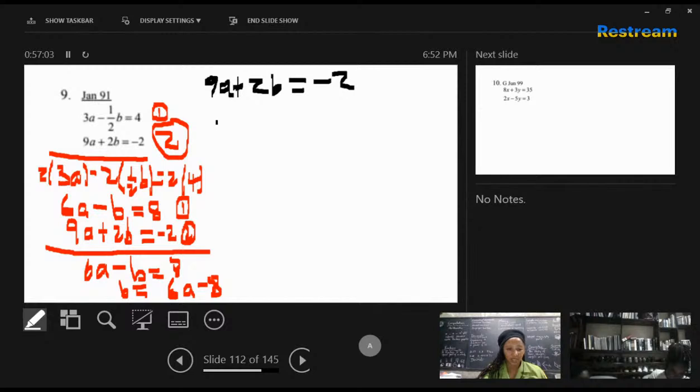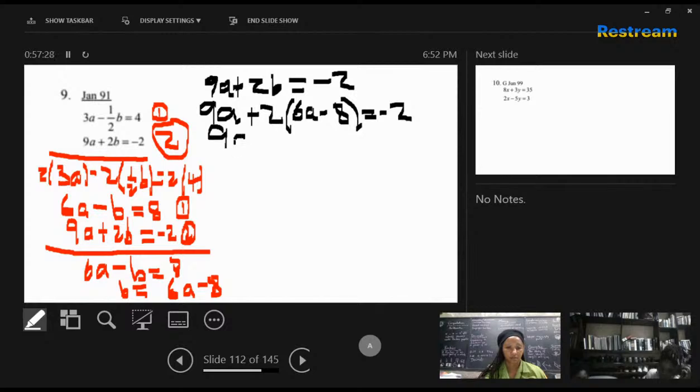So we're going to plug in 6a minus 8 here, right? So 9a plus 2 times 6a minus 8 equals negative 2. So 9a plus 12a minus 16 equals negative 2.